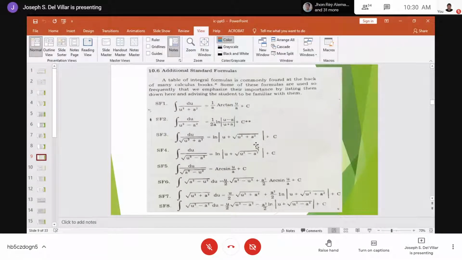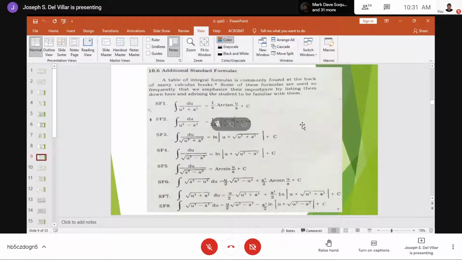So, nalaman natin anong ina-apply natin. It should be the numerator du should be an exact differential of the denominator u squared. Okay?